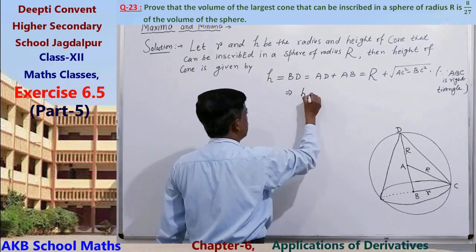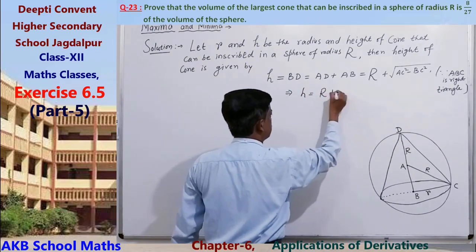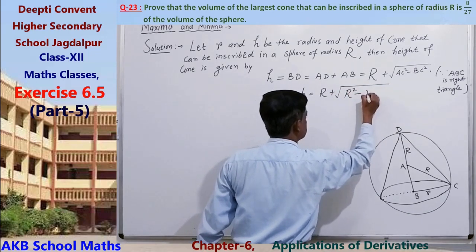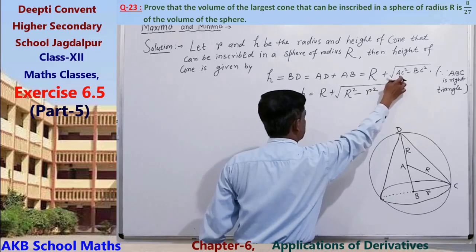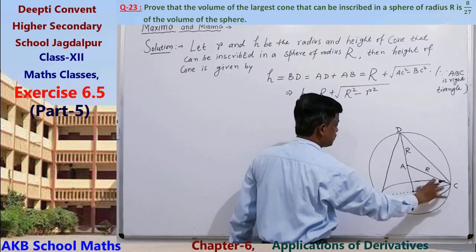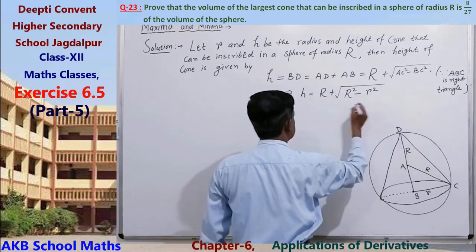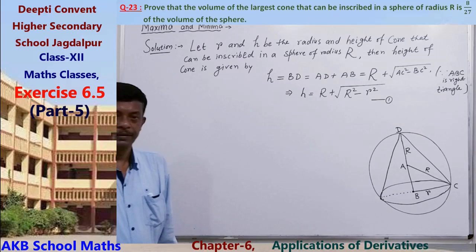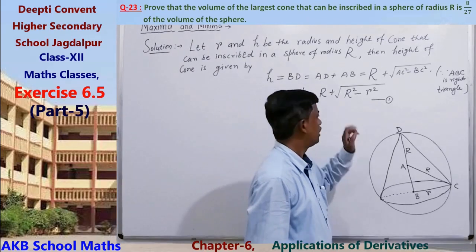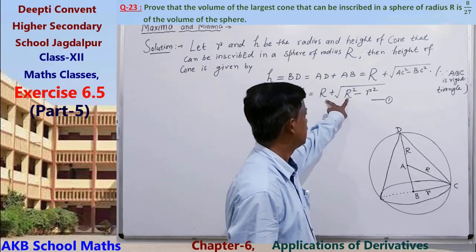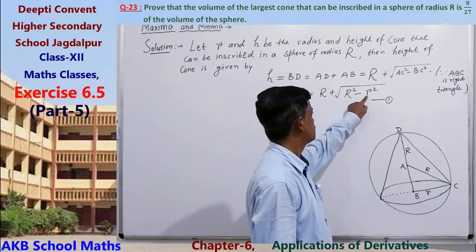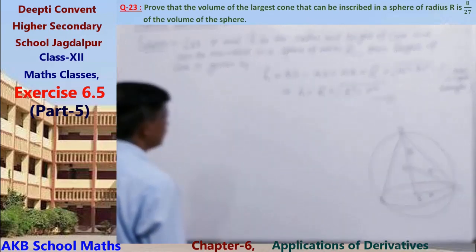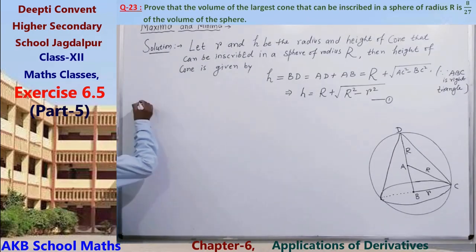This implies h equals capital R plus root of R square minus small r square. This is capital R, small r. R is given as a constant and will be treated as such. Small r is the radius of the base of the cone. Clear?